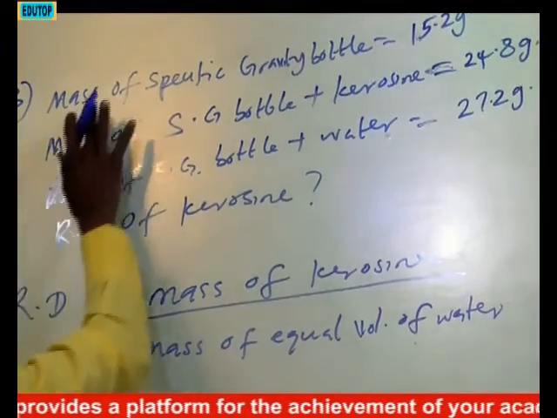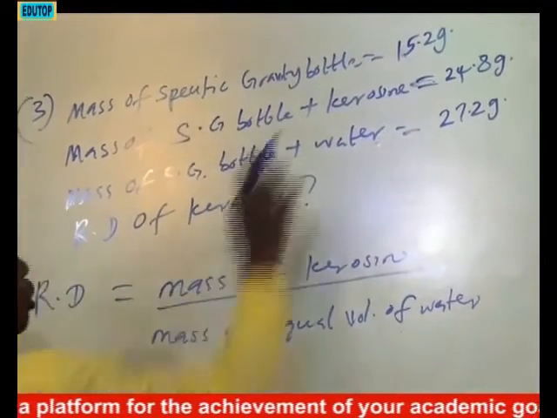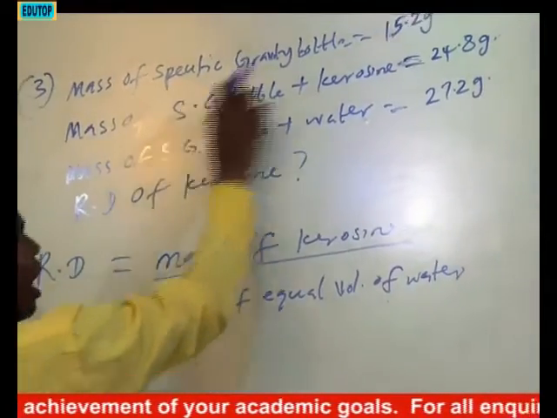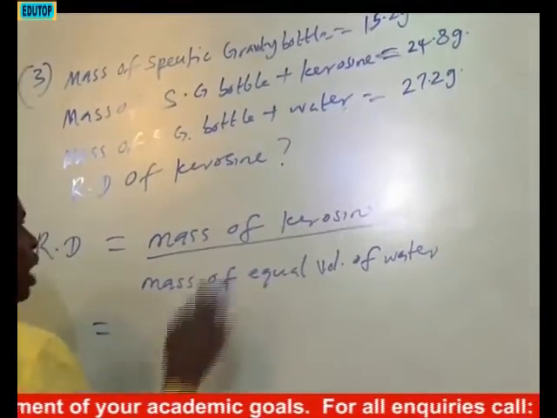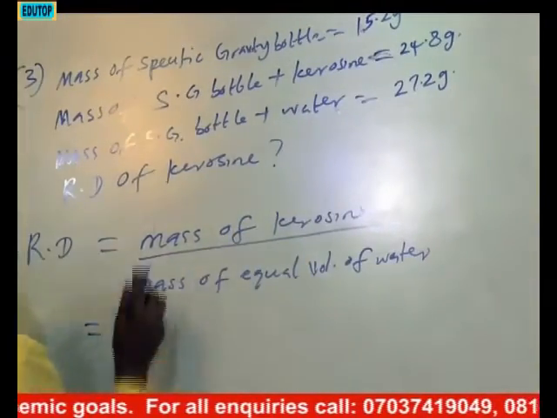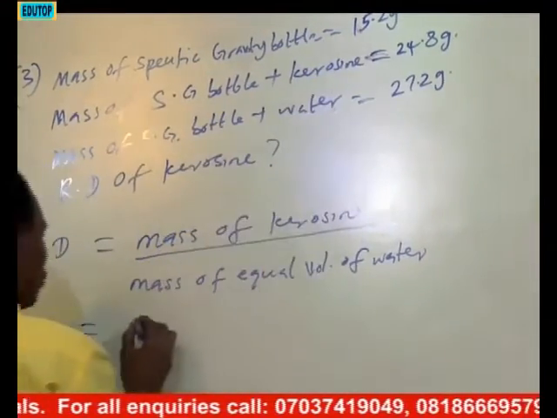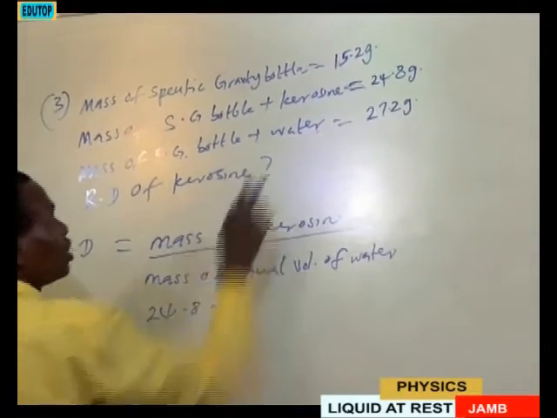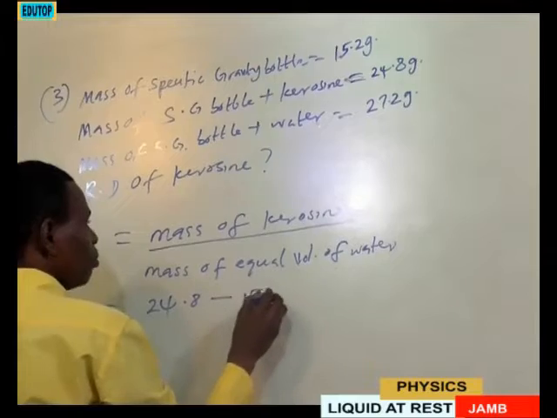We are told the mass of empty bottle and kerosene all together. So how do we now get the mass of kerosene? It's going to be that of empty bottle and kerosene, which is 24.8 minus 15.2.